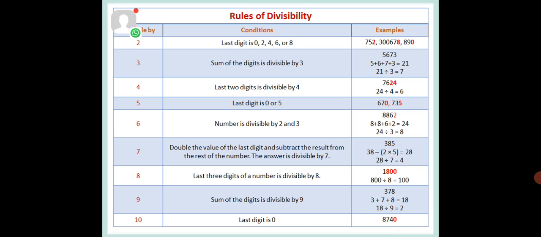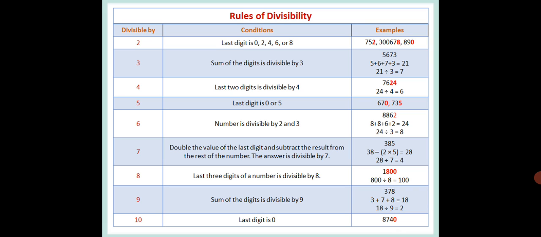Next, remember the point: if the last 2 digits of a number are divisible by 4, then the number is also divisible by 4.